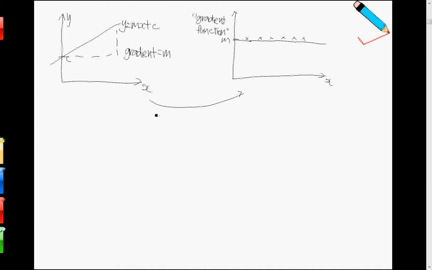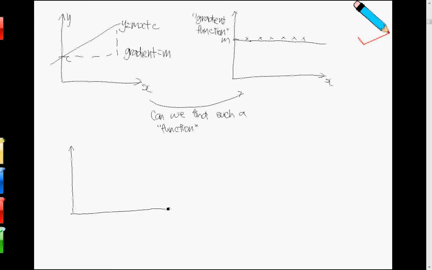So the question is, can we find such a function? The answer is yes, we can find it, not by empirical plotting, but there is actually a standard set of procedures to find this gradient function.